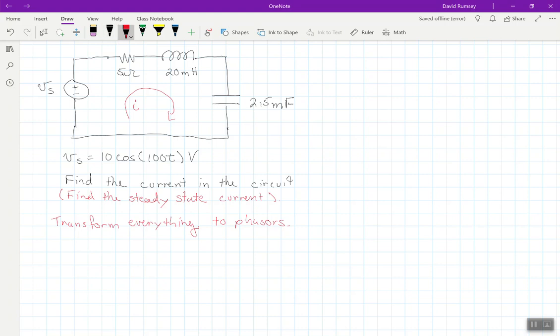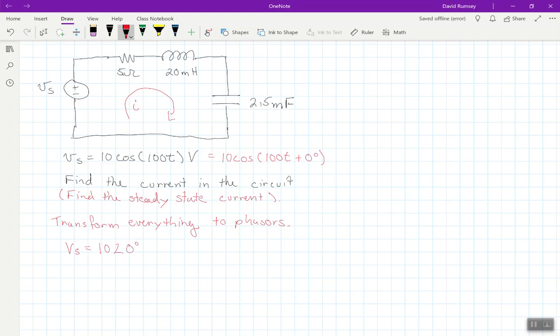Now, it's not necessary to do this, but sometimes it can be helpful because we want to make sure we have this written properly. If you have just cosine of 100t, that's the same thing as 10 times cosine of 100t plus 0 degrees. So my phasor for my voltage source would simply be 10 at an angle of 0 degrees.